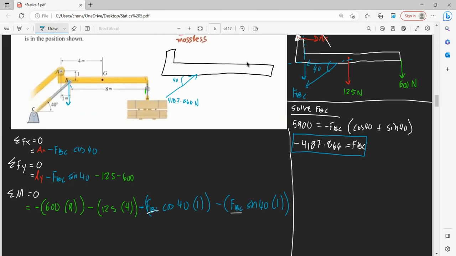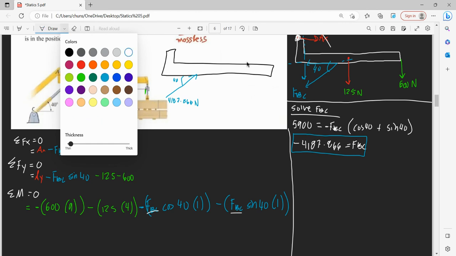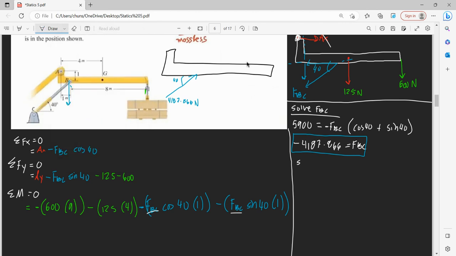Okay, so now let's solve for AX using equation 1. So then we have AX is equal to FBC cos 40. So our negative answer times cos 40.